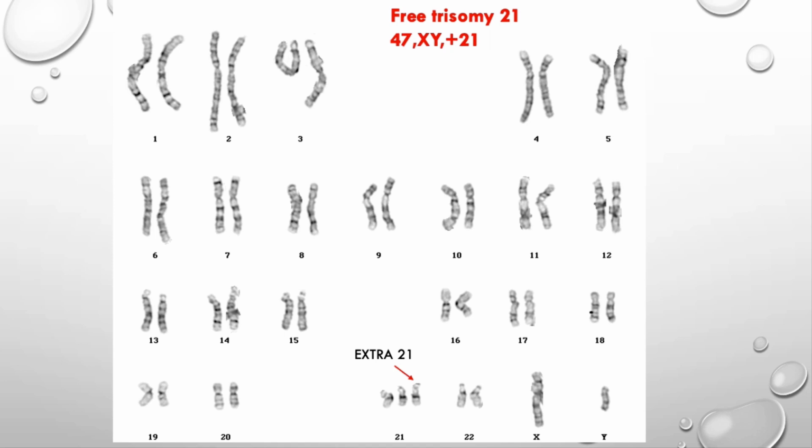In this particular situation, the 21 group has an extra chromosome instead of having 2, and that is what ultimately causes Down syndrome. You have a lot of additional extra material that packs a number of genetic instructions, and that causes Down syndrome.